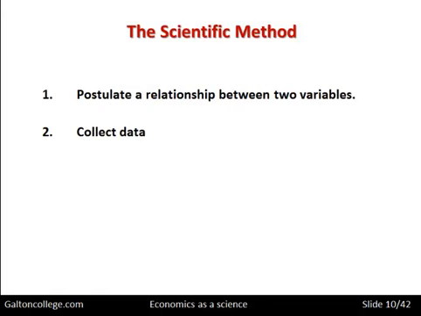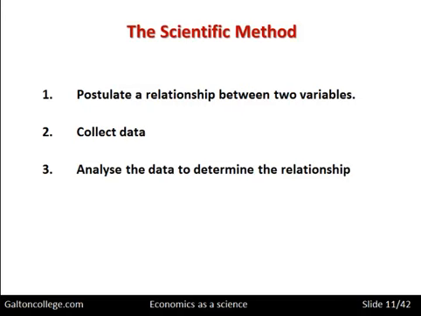Then we collect some data, and we analyze this relevant data to determine the relationship. We analyze the data critically. We use very objective tests if we can and analyze the data critically. And then this process leads to generalizations.